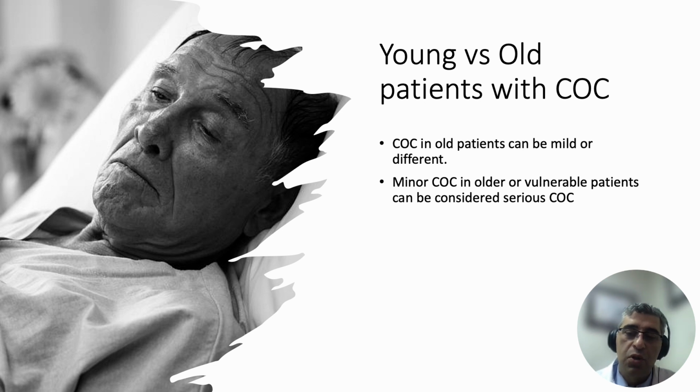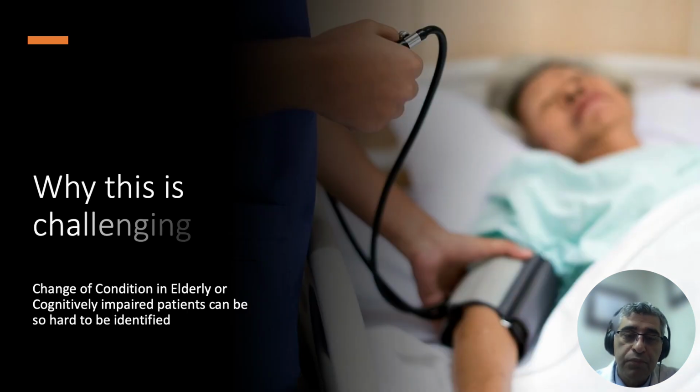And this is one of the major problems. A lot of the time when you go to the bedside, you see the residents and you look at them and see how they look, and you don't detect anything. But in reality, in the older and vulnerable population, it can be extremely difficult, and it's so important.